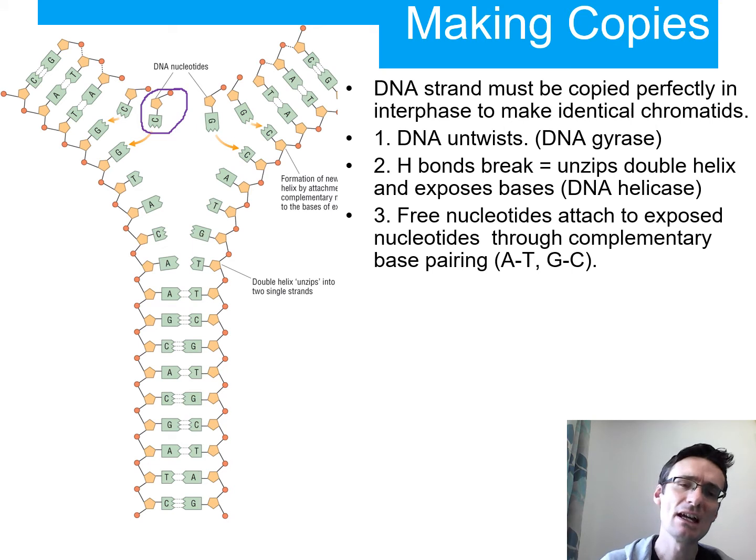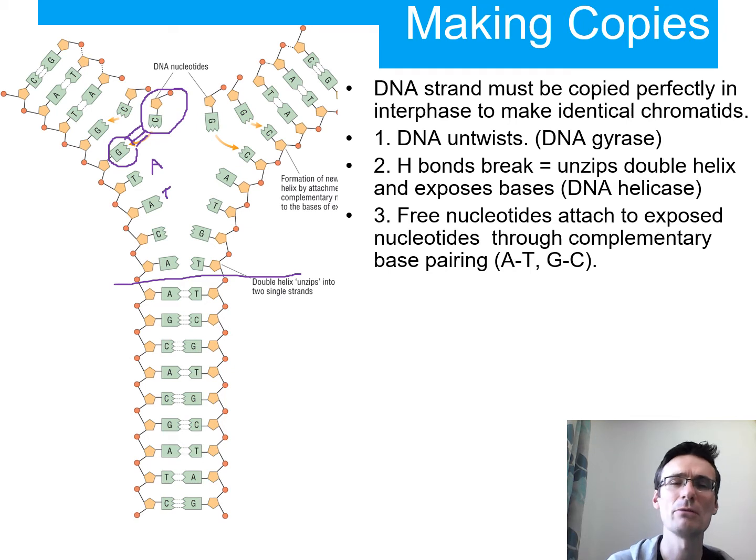You can see the hydrogen bonds are still unzipping below this purple line, but above the purple line they have unzipped. So then we've got a C here, and that C is obviously going to attach to that G there because it's complementary, and they'll form 3 hydrogen bonds between those 2, and then we'll need an A to go there, and a nucleotide with a T to go there.